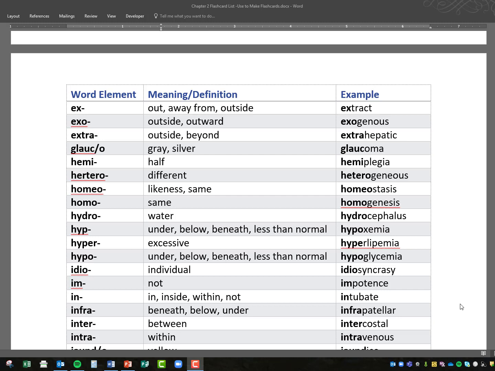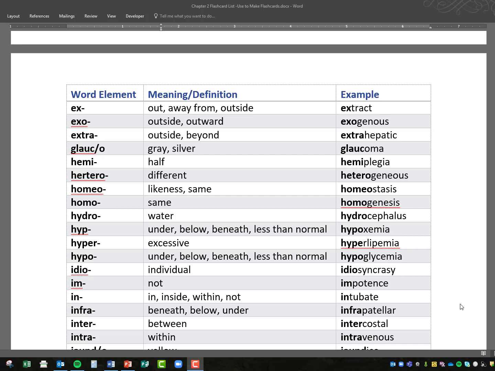And then hypo would be our under or beneath. We're putting that O, though, with it to kind of help you remember that it's below. But ox would be the oxygen. So this would be a condition of less than normal oxygen. All right, hyper, excessive. And then there again we see hypo.